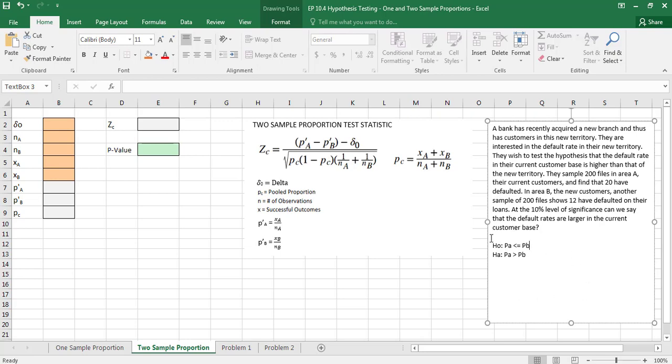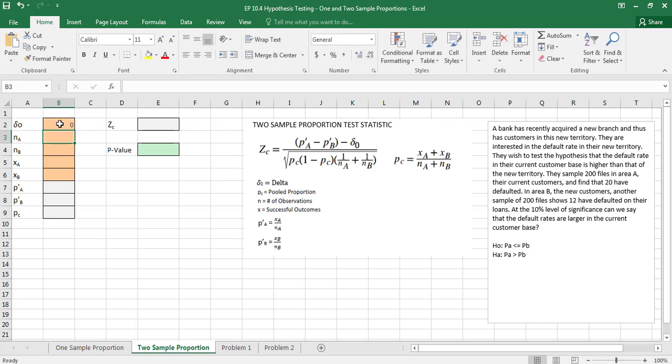Alright, now that we have the hypotheses taken care of, we can move on to all the cells over here to enter in the relevant information. Just like before, we have the orangish pink cells where we're going to enter in information for the problem. So the first one is delta sub 0, which most of the time is just going to be 0, which is the case in our scenario as well.